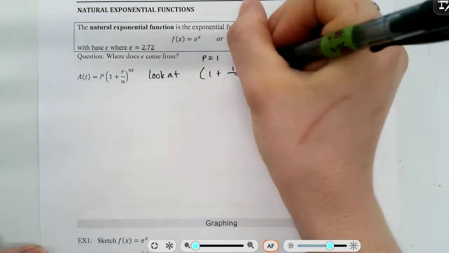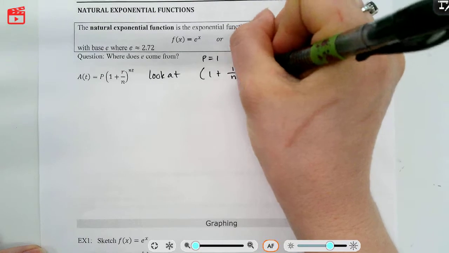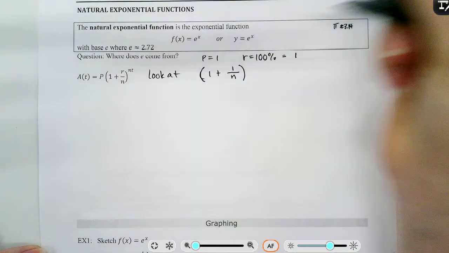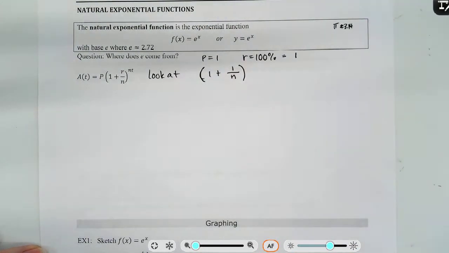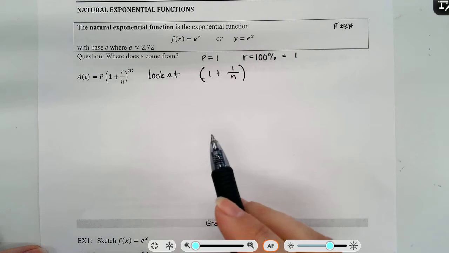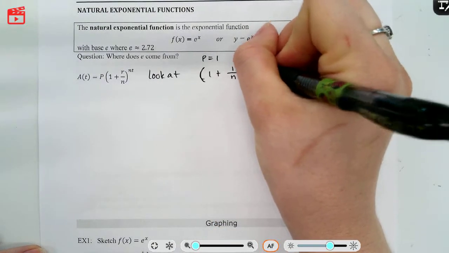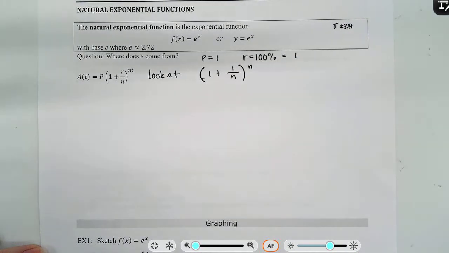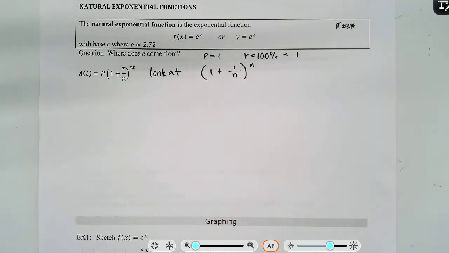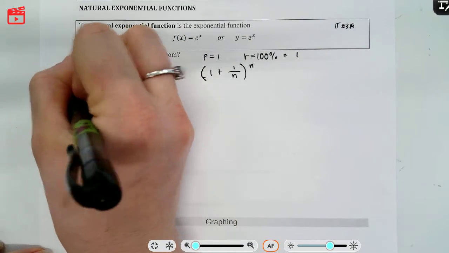And then n, which we'll look at in terms of 1 over n, times n. So let's say our item, maybe our population, is compounded every half a year.